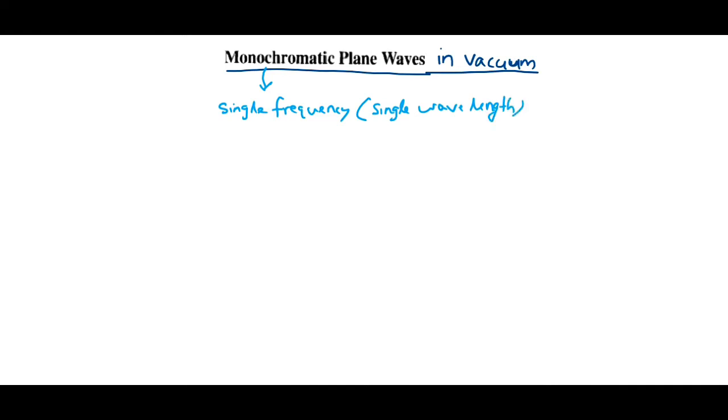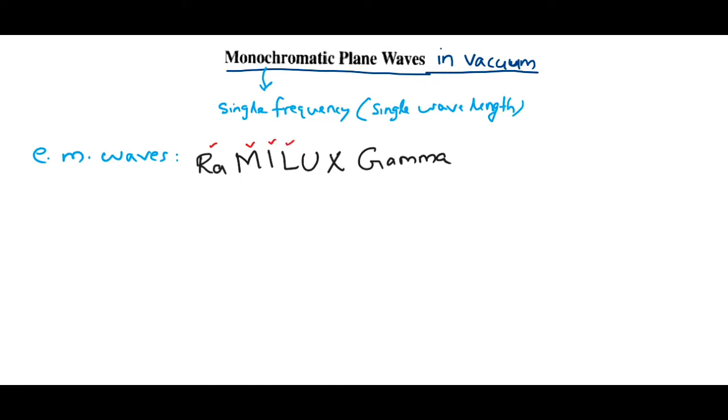In the electromagnetic spectrum, that is simply we call EM waves, they are from the radio wave to the gamma rays. In short, we will call it Ramelix gamma. Here, this is the radio wave, microwave, infrared, light, ultraviolet, X-ray, gamma ray.